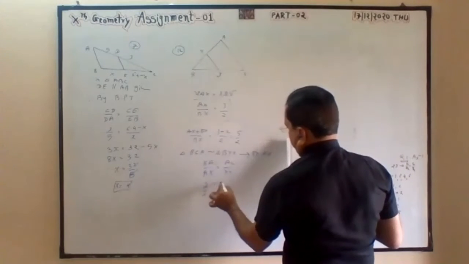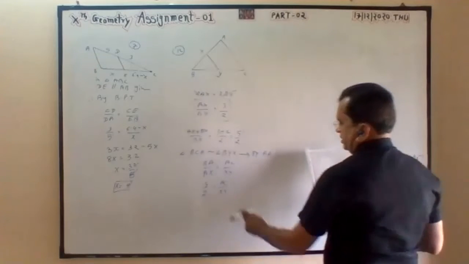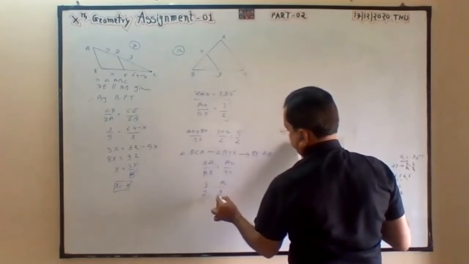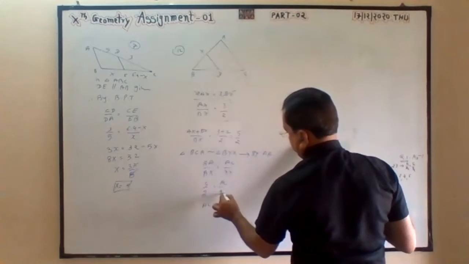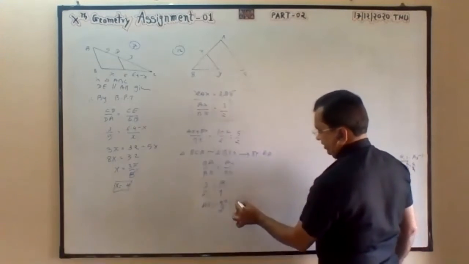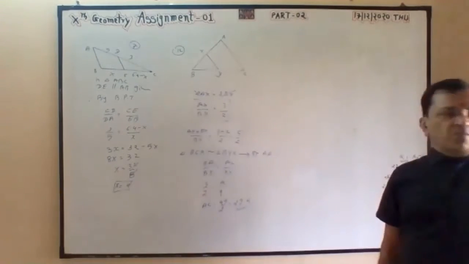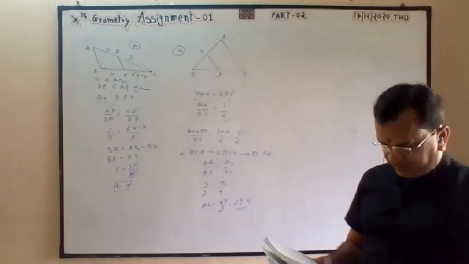Therefore, 5 by 2 is equal to AC by XY. XY is given 9. So AC is 45 by 2, half of 45, 22.5. Correct?